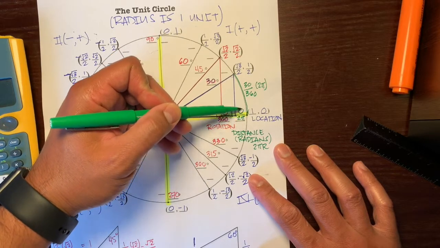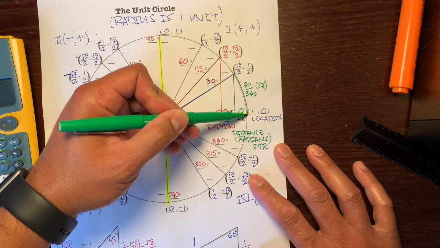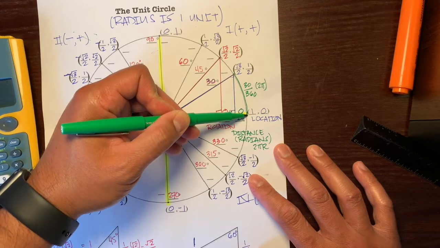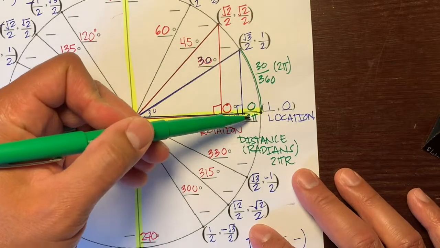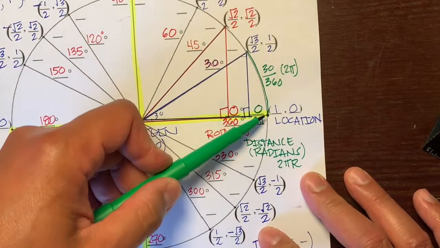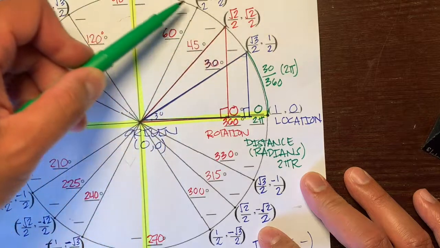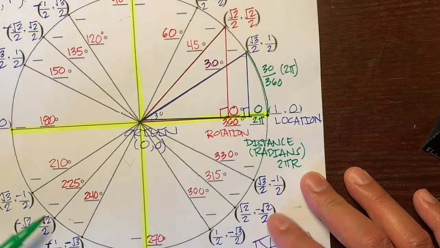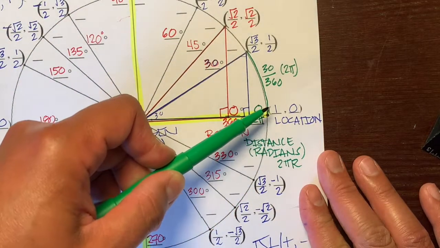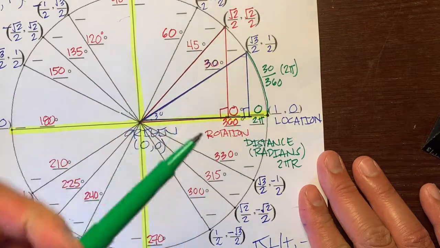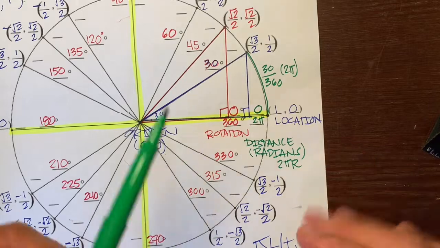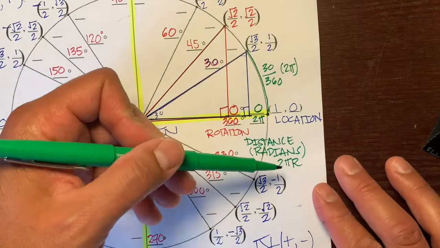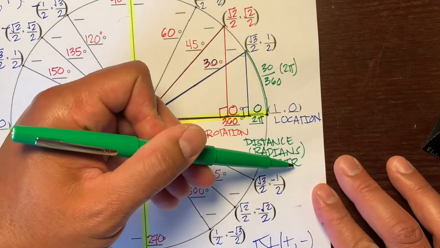Let's start off with this easy one. It's just 0, because we don't have any distance if we don't move anywhere. And mine already has a 2 pi. This is how we got the 2 pi. If we start from this point and go all the way around the circle, the distance around is called the circumference, and the formula for circumference is 2 pi r.